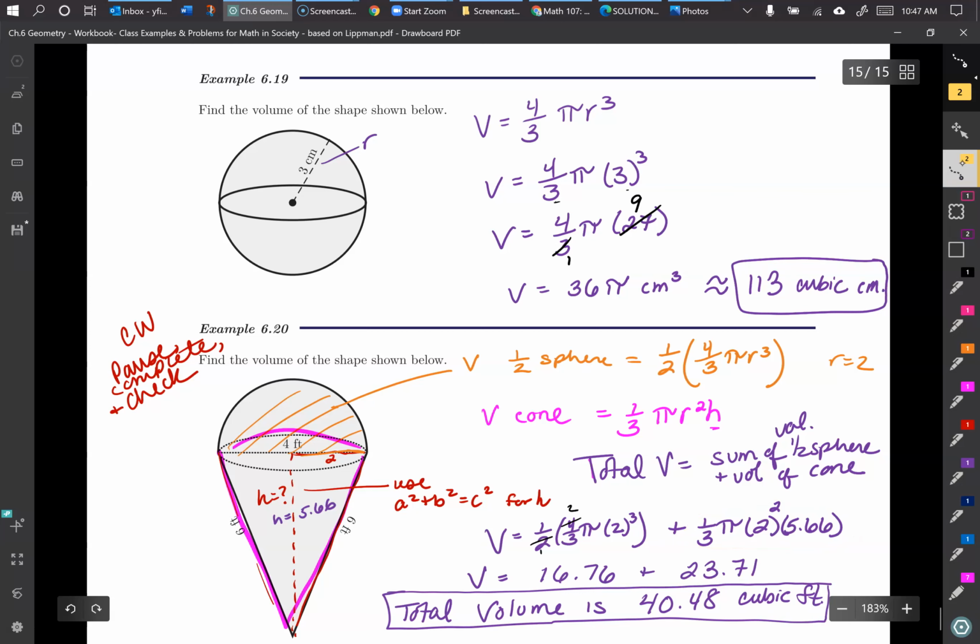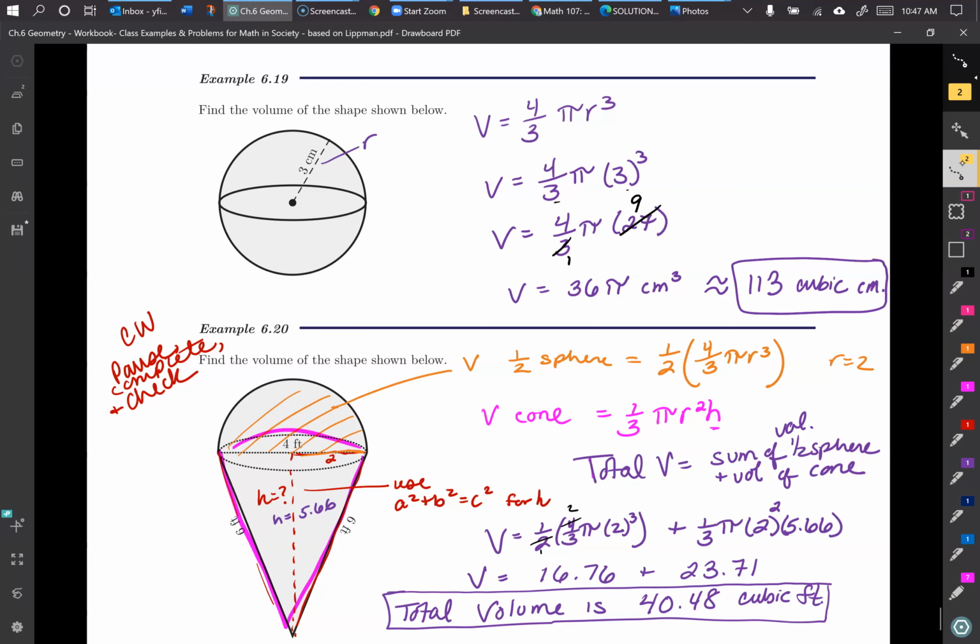Now, one thing I want to note too, for the cone, I am just using the 2, unlike before when I was using an area formula. So I was getting the area of a triangle, and I needed the entire base across. But here you notice the volume of a cone formula has radius squared there.